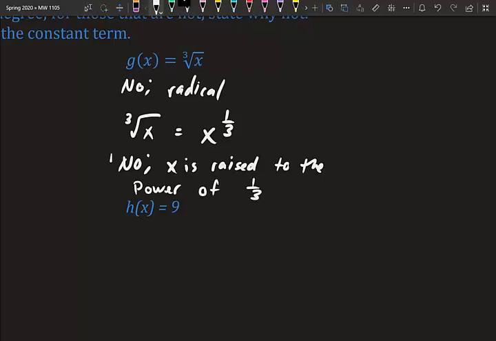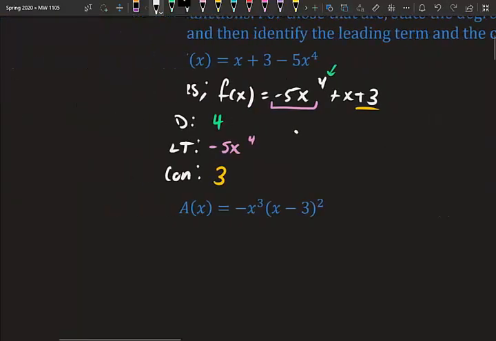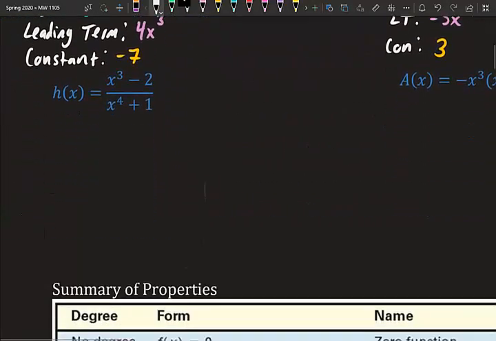And that's our answer. So if you have a radical, switch it to an exponent fraction, and that is why it's not a polynomial.